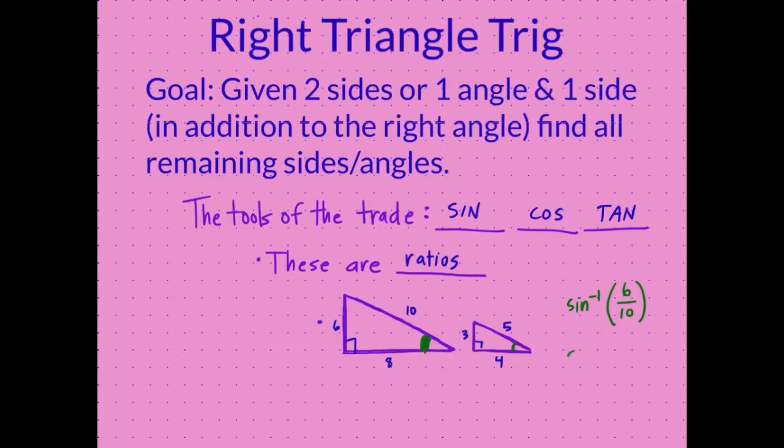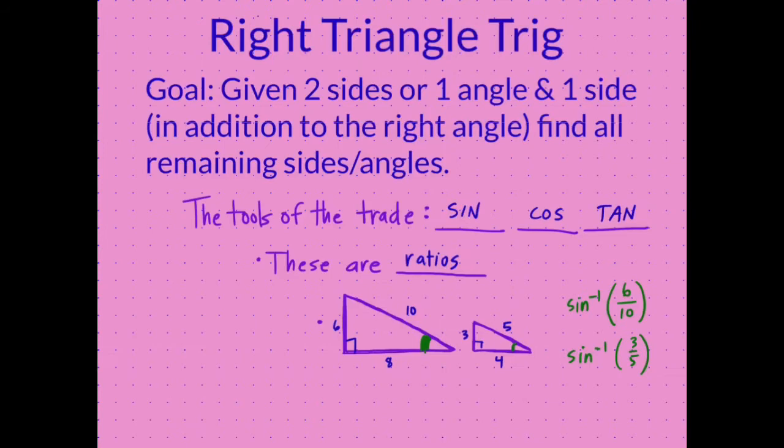And if you type sine inverse of 3 over 5, obviously you're going to get the same thing because 6 over 10 and 3 over 5 are the same thing. So when I say it's a ratio, it means it doesn't matter if we're talking about the bigger version of the triangle, 6 to 10, or the smaller, 3 to 5, you're going to get the same angle. If you type both of those things into your calculator, you're going to get the exact same result.